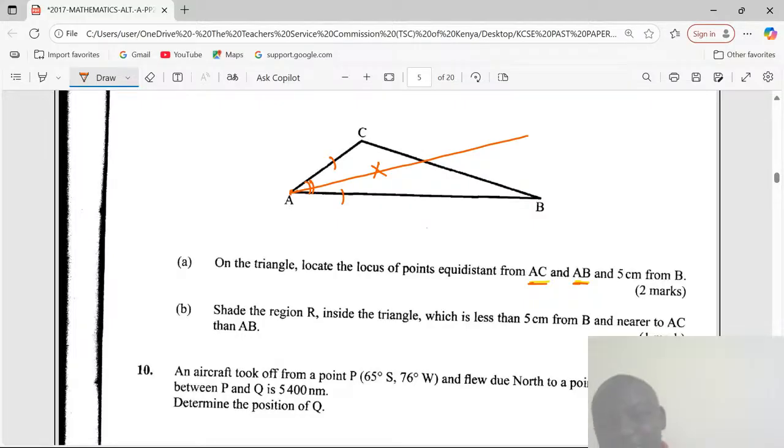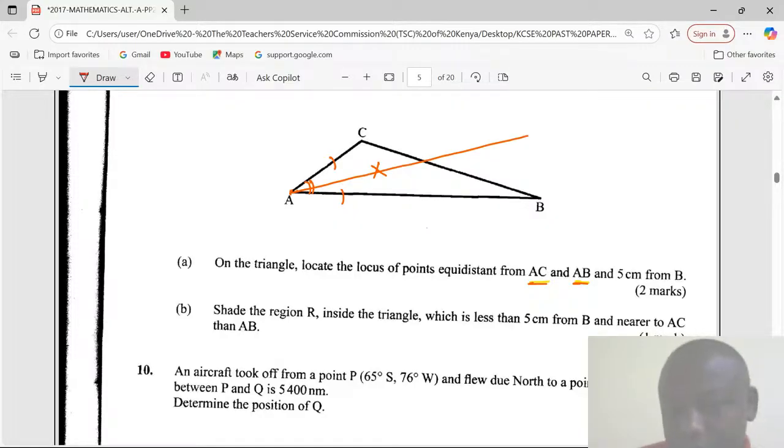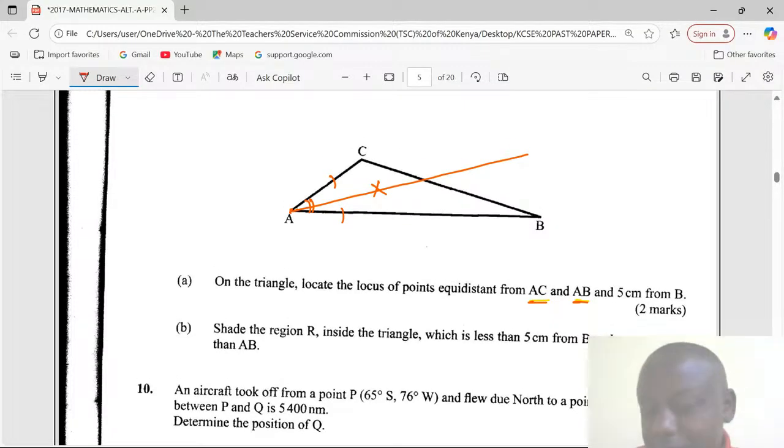Then the other locus, in the same part A, is the locus of points 5 centimeters from B. We know that there is a locus of points which are at a fixed distance from a fixed point. In this case, we need 5 centimeters from B. So I stand at B, using B as the center, and draw a circle of 5 centimeters radius.